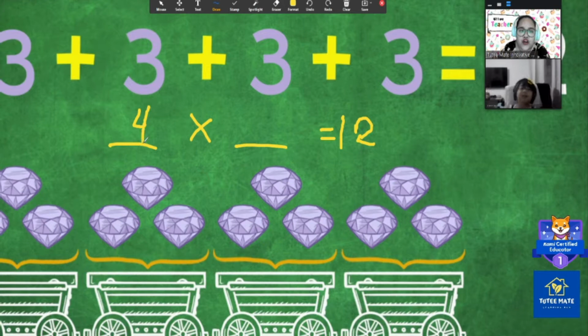Okay, so 4 groups of 3. Again, 4 groups of 3 is equal to 12. So 12 diamonds is shared into how many groups?